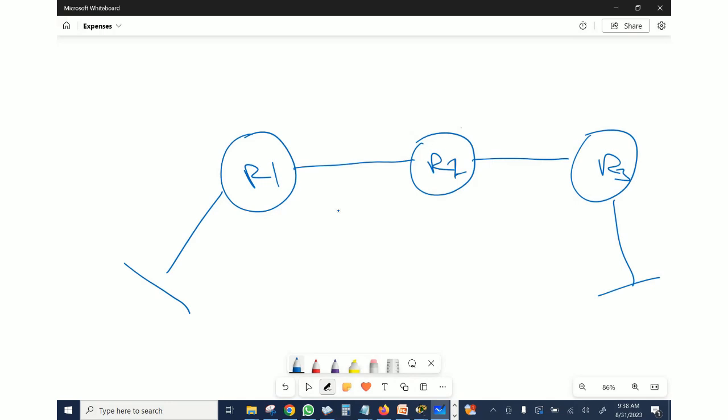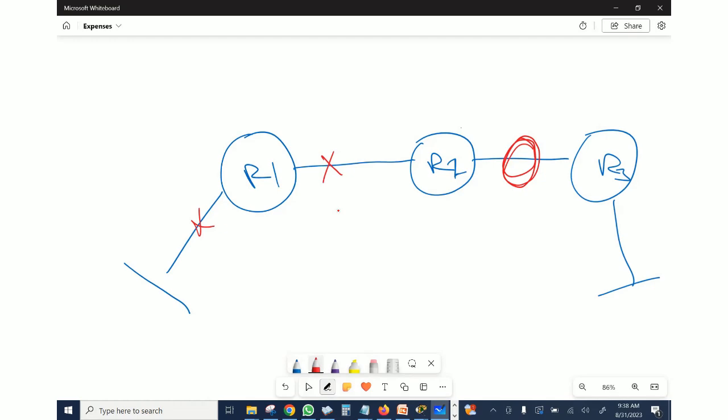Router 1, for instance, only knows about this connected network and this connected network. It doesn't know about the network between R2 and R3 unless R2 tells it about it.